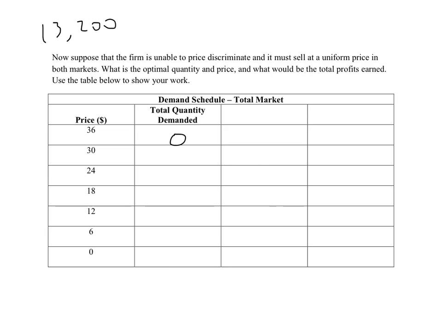At $30, we have 475 units sold in Market A, 25 units sold in Market B. So the total quantity demanded would be 500, 475 plus 25. Again, I'm looking at the original two schedules to get these numbers.